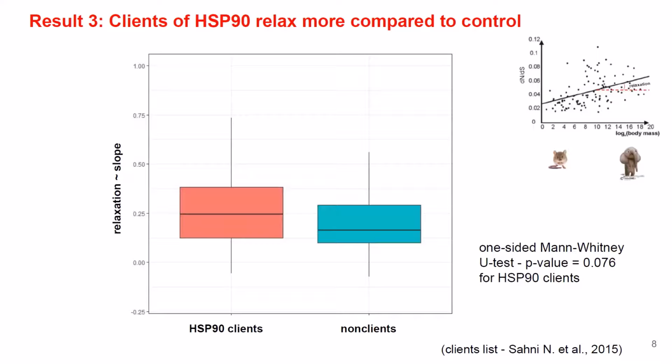For each gene in these two subsets, we built the same simple linear model and compared the level of relaxation in two groups. In this picture, you can see the marginally significant trend that HSP90 clients have a higher level of relaxation of purifying selection compared to non-client proteins.